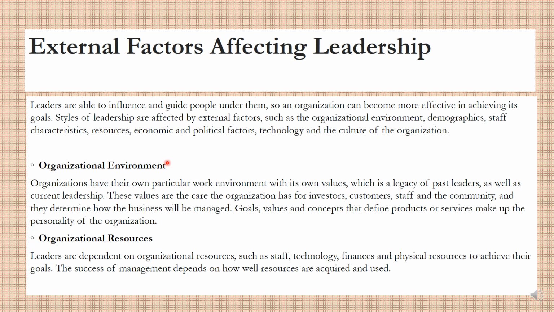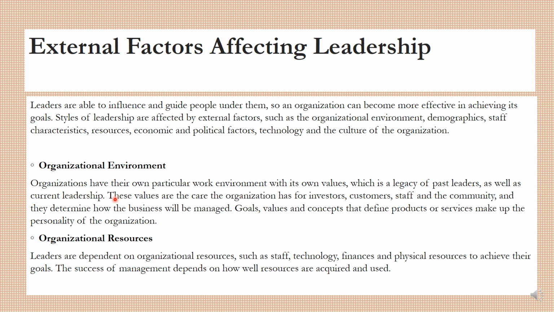So he has set up this organizational environment for his progenies to come and manage. Now, how good are the progenies? It is very important that past leaders are important, but current leadership is also important.